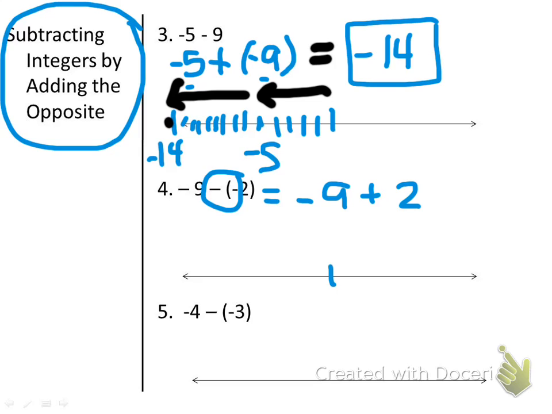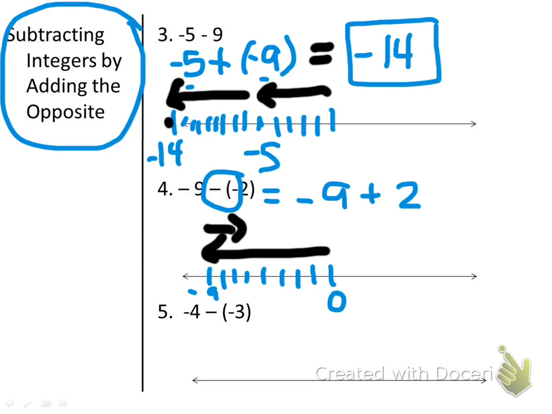So now I'm going to start at 0, go to -9, and then I'm going to add 2, which means I go to the right, so I'm adding 2, and I end up at -7. That is correct.